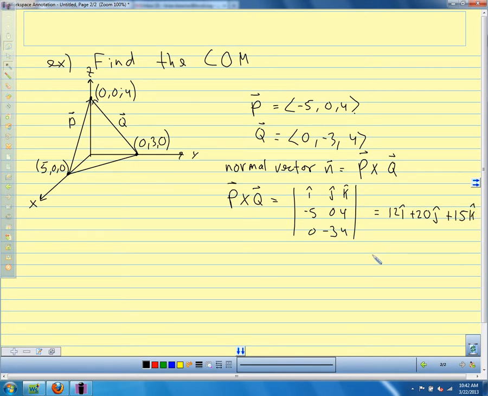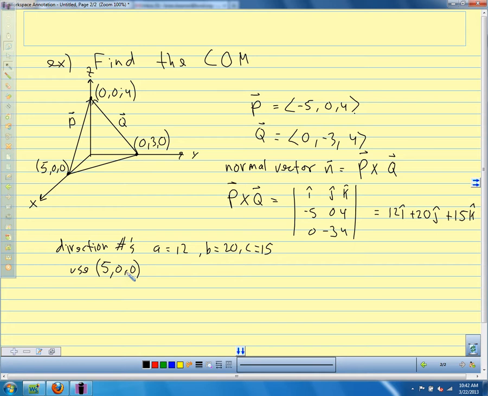That gives us our direction numbers. So our direction numbers are A equals 12, B equals 20, and C equals 15. And I'm going to use this point (5,0,0) to write our equation. We know that point is on the plane. We talked about that in class.